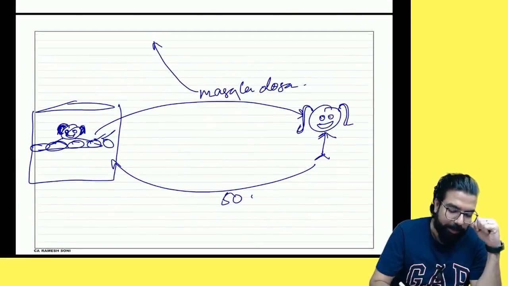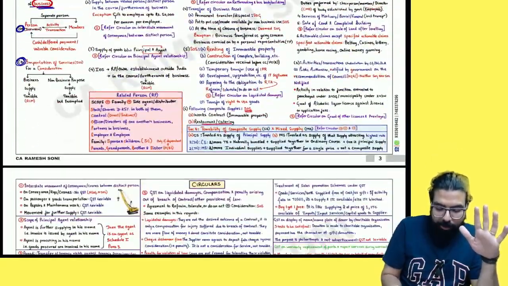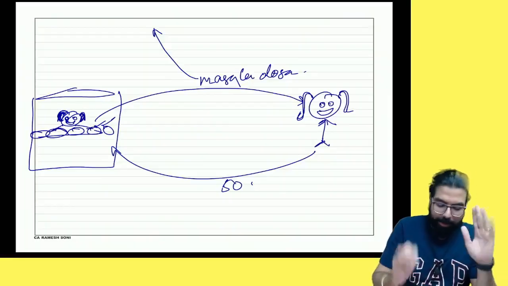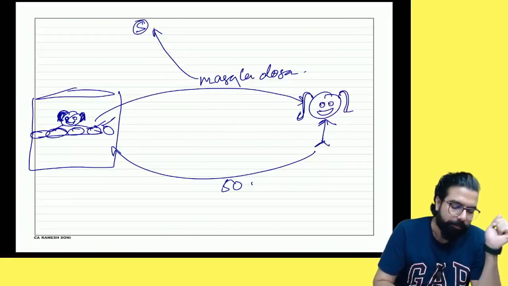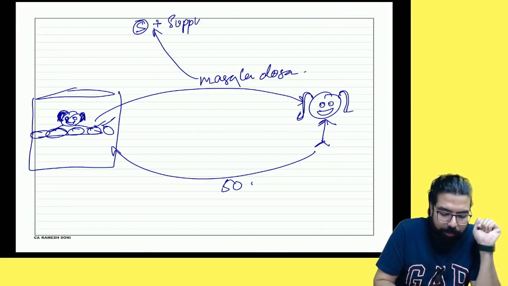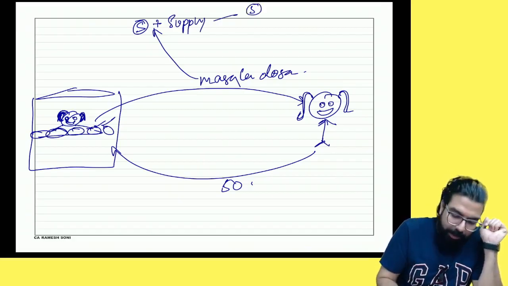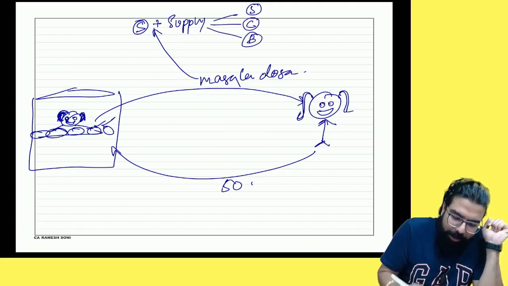Masala dosa is restaurant. Restaurant, as of now, you already know, it's a service. Okay. Still, selling masala dosa is a service. Do you guys agree? Restaurant is a service. Is it supply? How? It's a sale. Is there a consideration? Is it uncle's business to sell masala dosa? Is it supply?